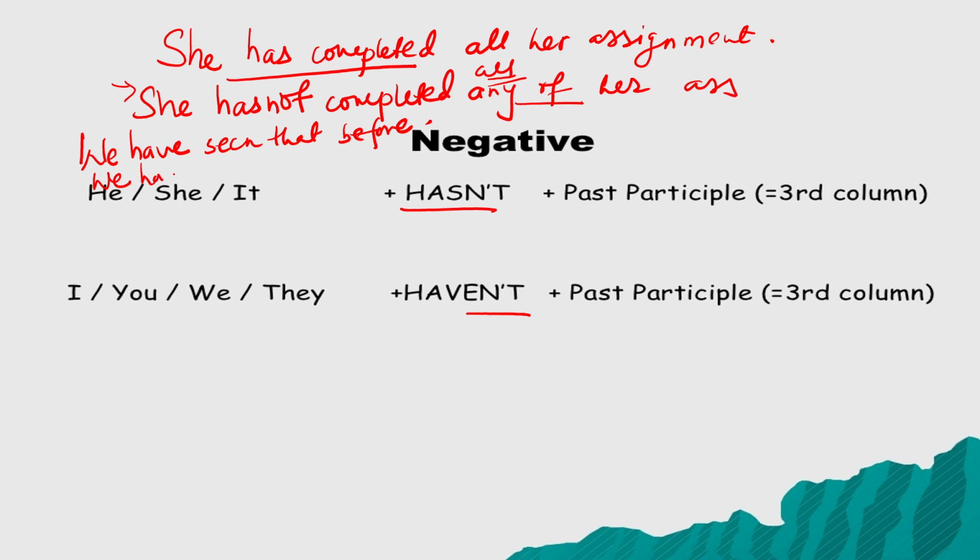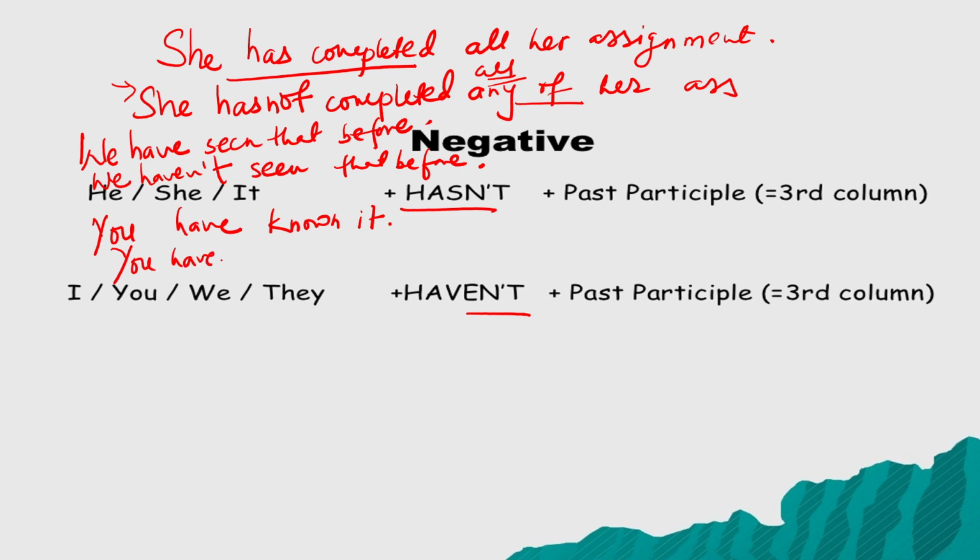We haven't seen that before. Now this is the rule. Similarly, you have known it. What will be its negative? You haven't known it. You haven't known it.